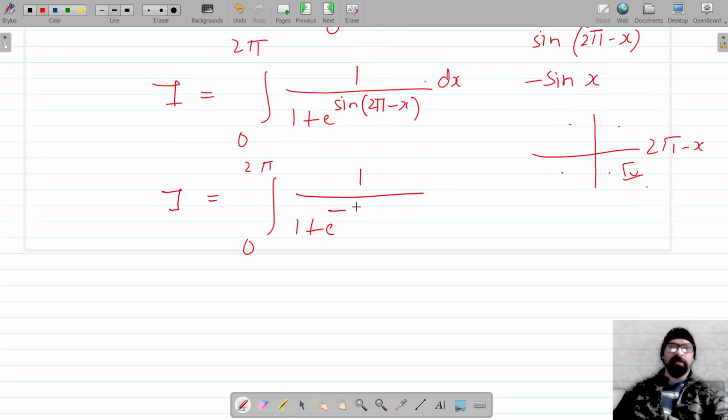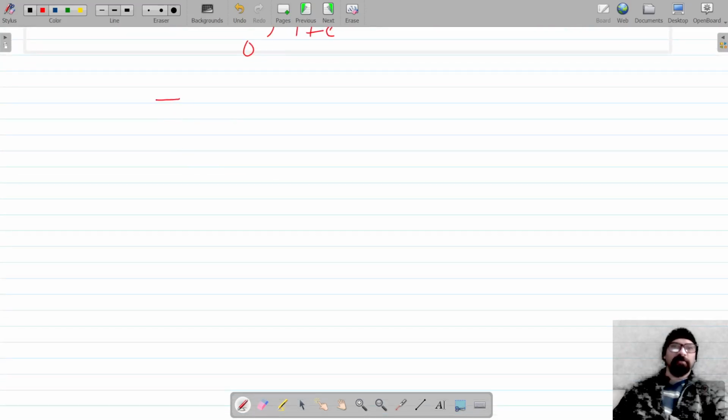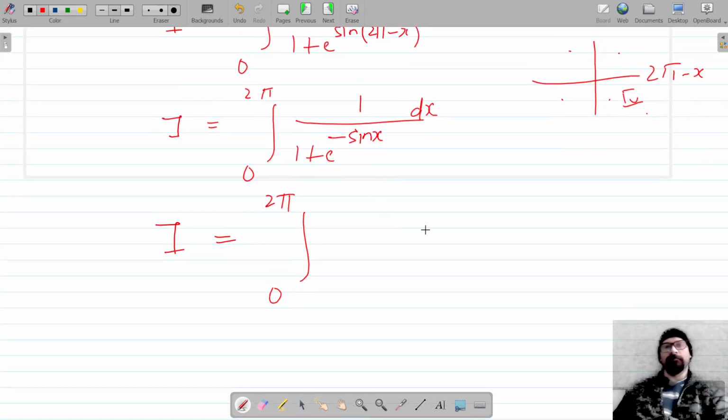So this is negative sine x into dx, and this gives us I is equal to 0 to 2 pi, 1 upon 1 plus e raised power negative sine x, I can write it as 1 upon e raised power sine x into dx.